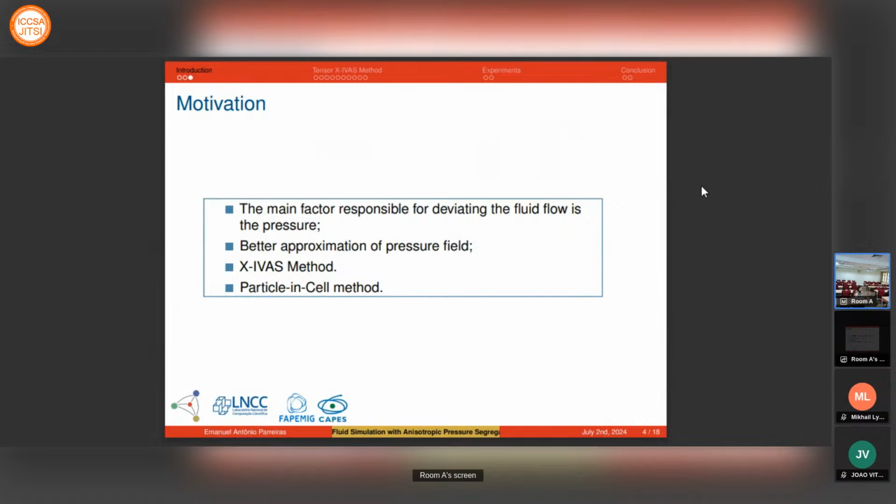So one motivation is to construct a better method to approximate the pressure field. So we use a modification of the SPH method that also has the particle-in-cell method.